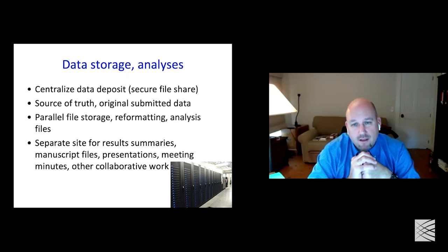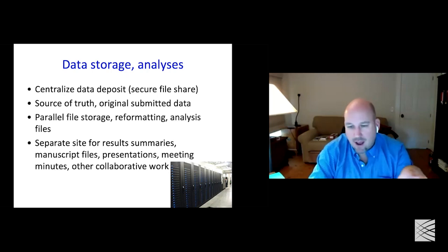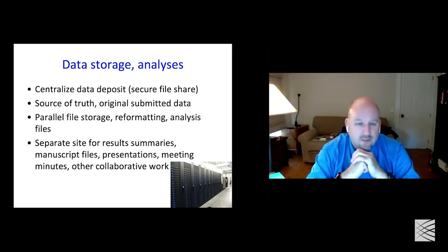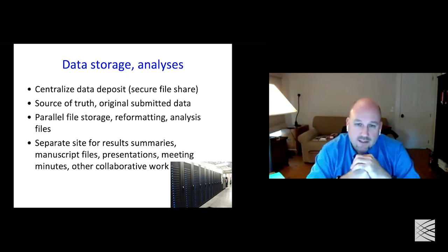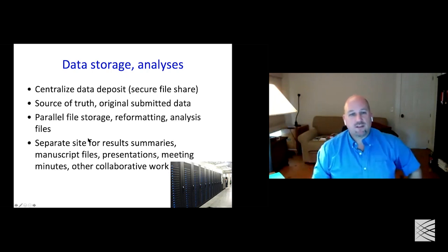And there is typically a separate site for results summaries, manuscript files, presentations, meeting minutes, other low data size, low processing need files, like Dropbox or Google Drive or other mechanisms for exchange of summary results and presentations.